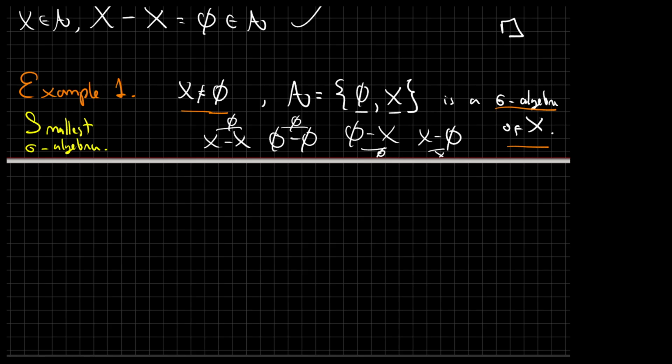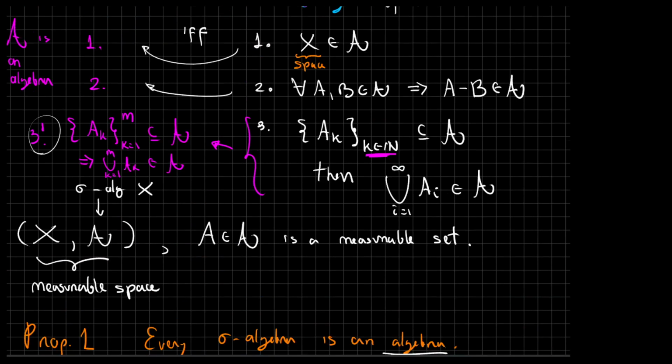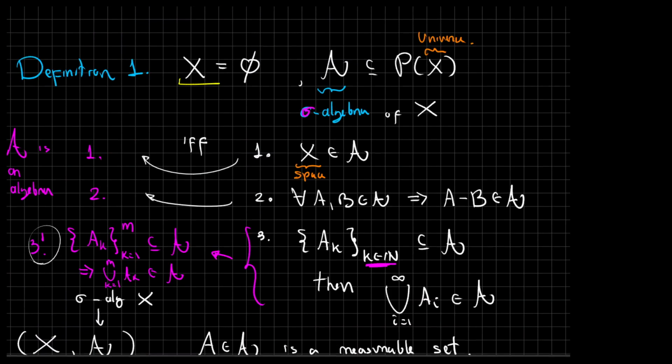Let's write it here, example number 2. If you have a set that is different from the empty set, and the reason I'm writing this condition time and time again is that, by definition, a sigma algebra is only defined when the space is different from the empty set.